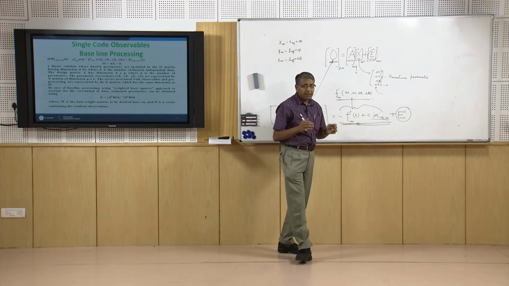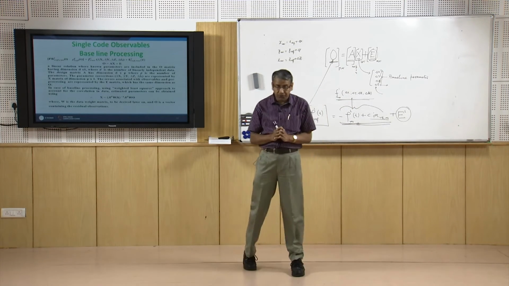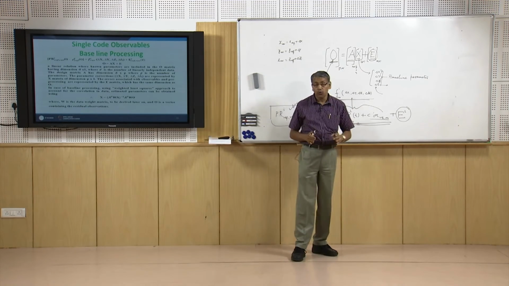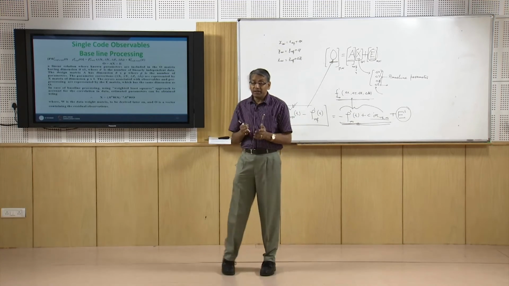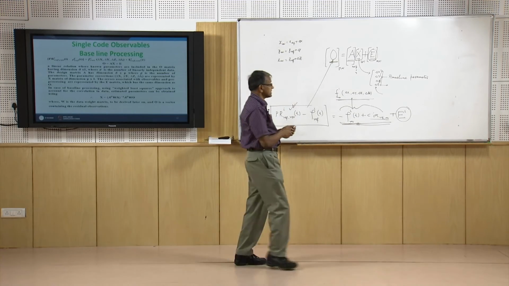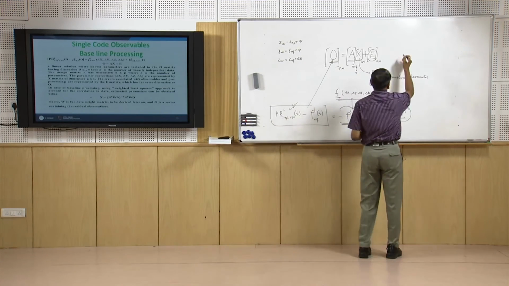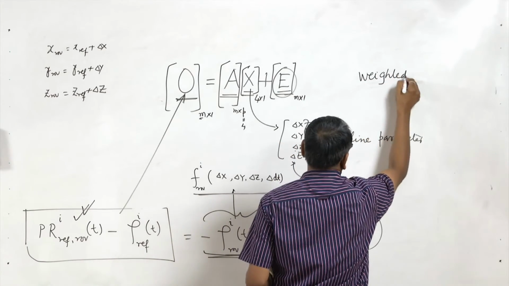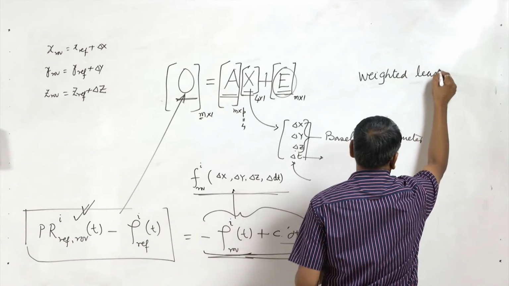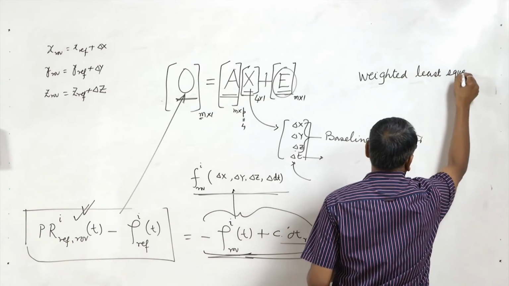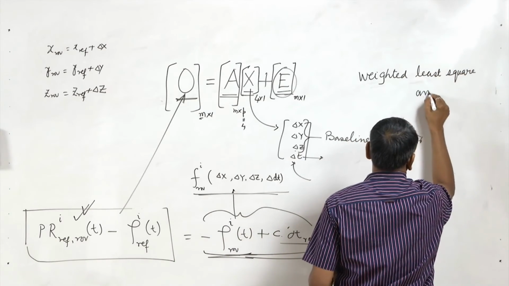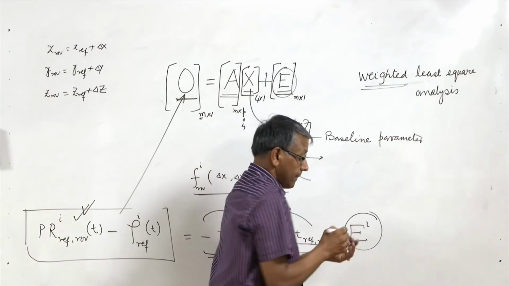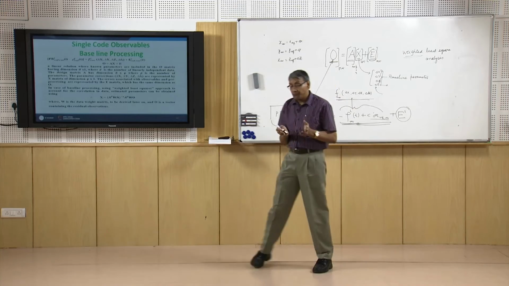In case of baseline processing, another important difference from point positioning is that we go for weighted least square analysis. Instead of simple least squares, we do provide some weight to the observables coming from satellites.